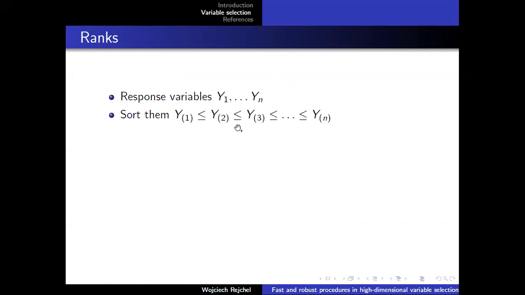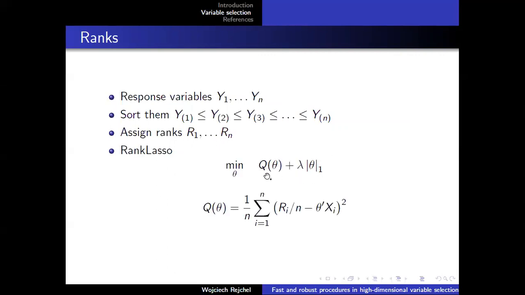So we take the response variables, we sort them from the least to the greatest, we assign ranks to objects, and then we simply put into the lasso estimator, instead of response variables, ranks. In fact, ranks divided by n. So this procedure is extremely simple.